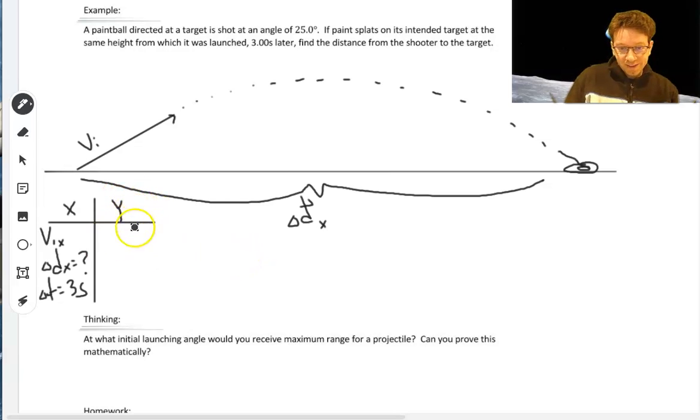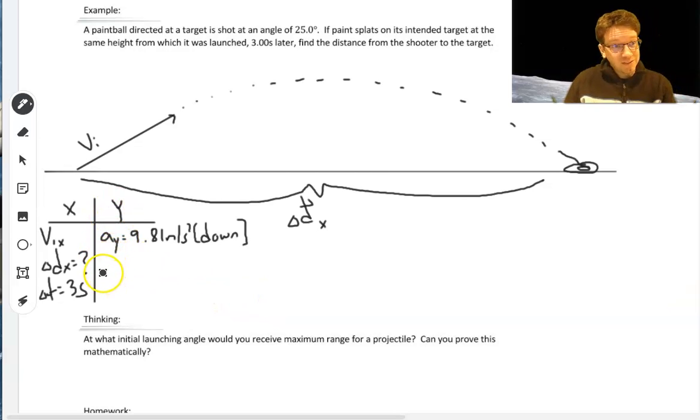What about in y? Well, one thing we always know about y is the acceleration in y, which is 9.81 meters per second squared down. I don't know initial velocity in y.